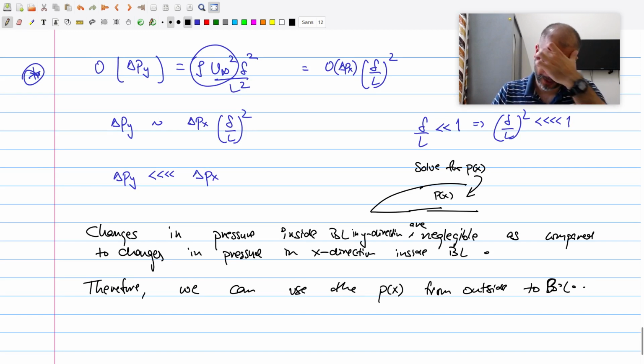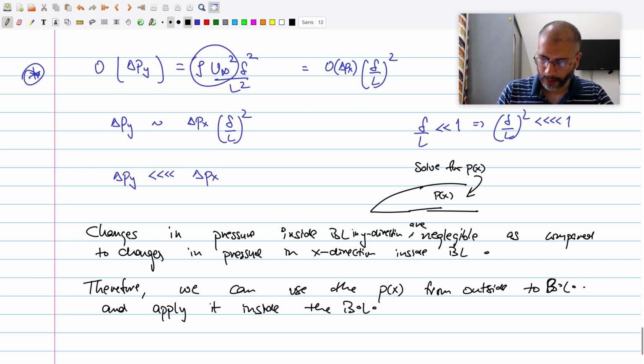So we can use the pressure field from outside the boundary layer and apply it inside the boundary layer. So effectively we have removed the pressure as an unknown from our list of equations. Okay, we are not going to solve for pressure at all. We'll simply solve for the pressure for the outside boundary layer region, whatever be the method.